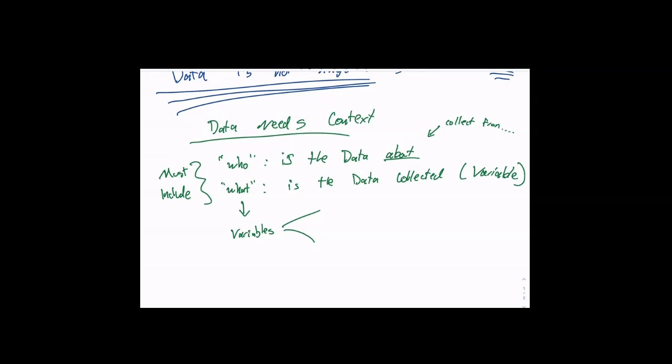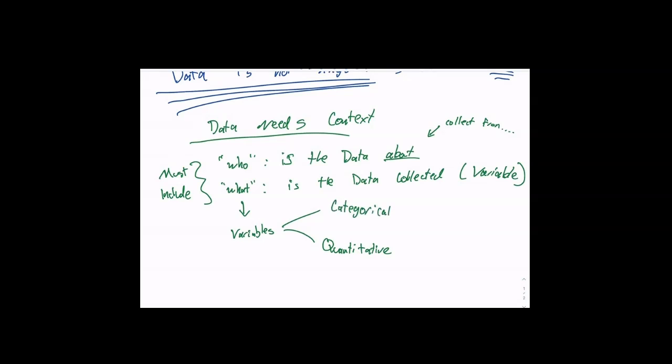These two variables, the first variable is what? Quantitative. And what was the other one? Categorical.